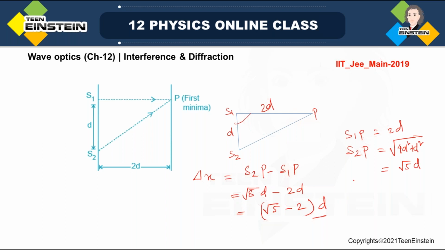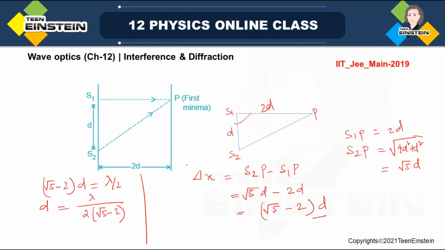So if the path difference, root 5 minus 2 whole into D, is equal to lambda by 2, then what will be the slit separation? That is what was the question. So slit separation D will be lambda by 2 into square root of 5 minus 2.